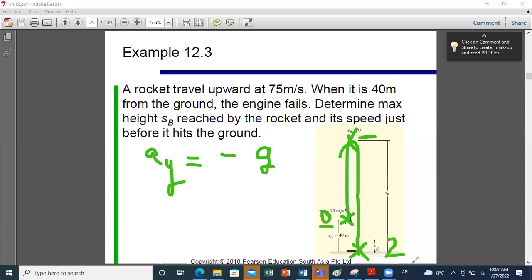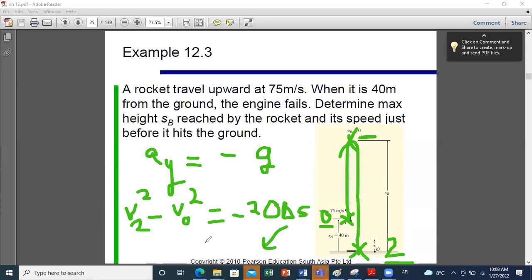If I write this relation, V2 squared, which is the velocity of the rocket just before hitting the ground, minus V0 squared is equal to 2a delta s, and a is minus g, so minus 2g, and g is 10, so minus 20 delta s. Now what is delta s? Delta s is s2 minus s0.